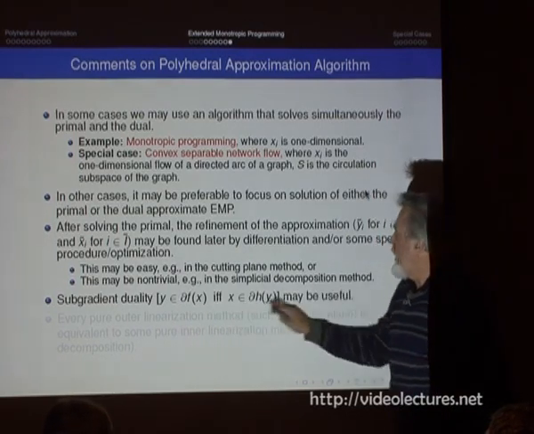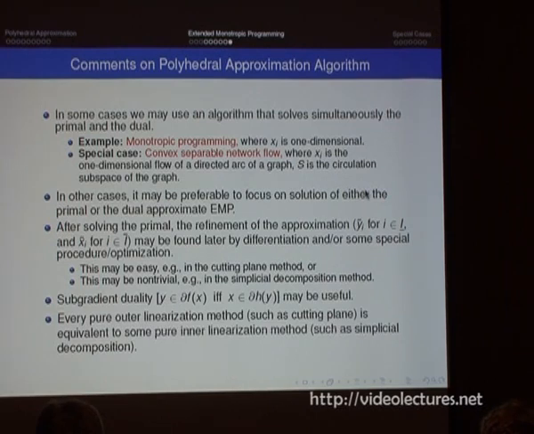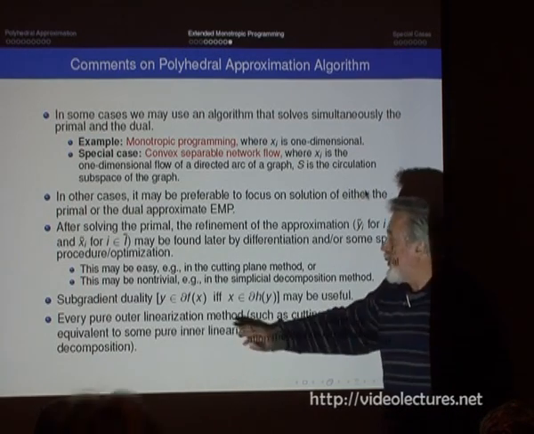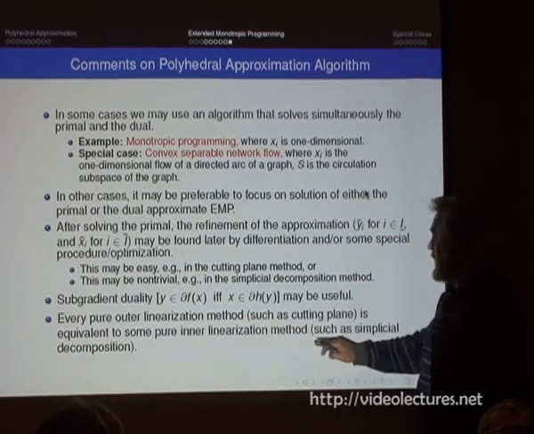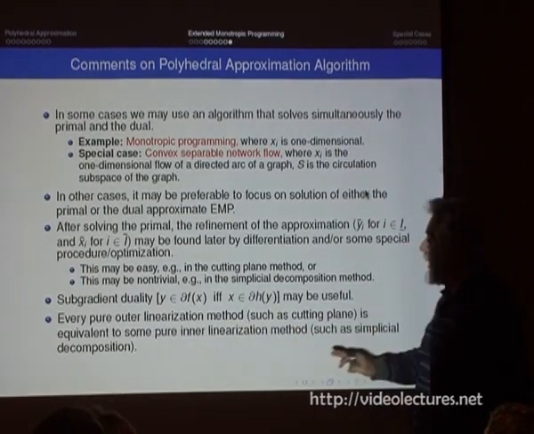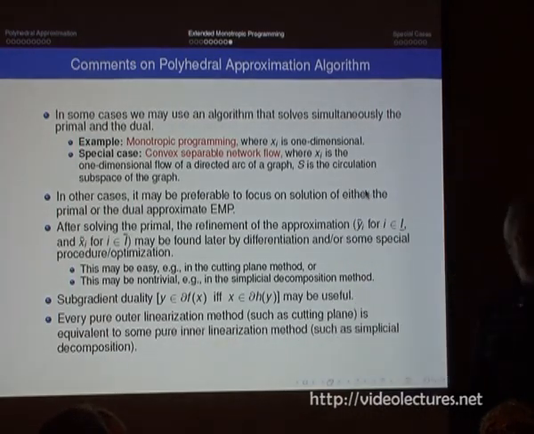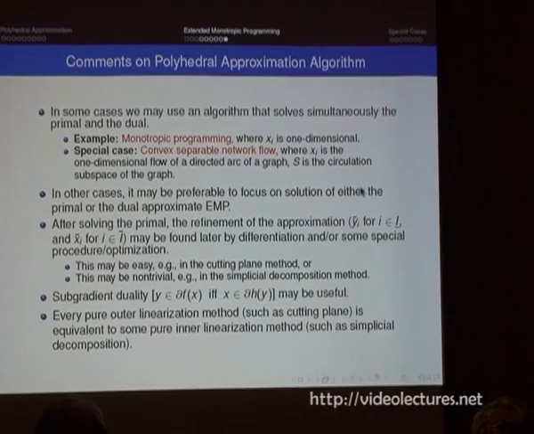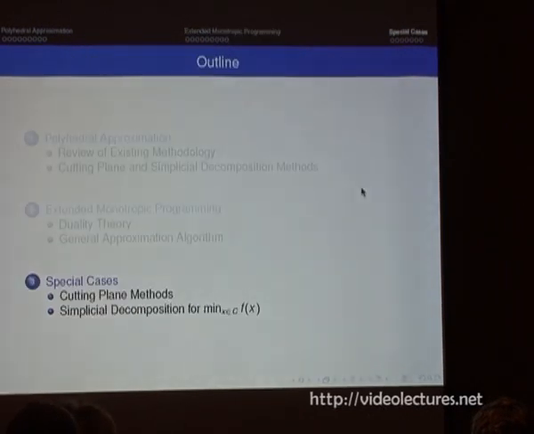However, you have the subgradient duality that may be useful. And note also that every pure outer linearization method that doesn't have any inner linearization, such as, for example, cutting plane, is equivalent to some pure inner linearization method, such as simplicial decomposition. Equivalent in a mathematical sense.